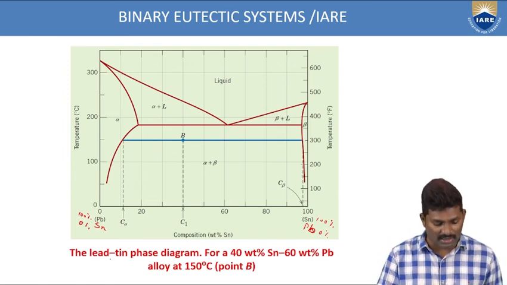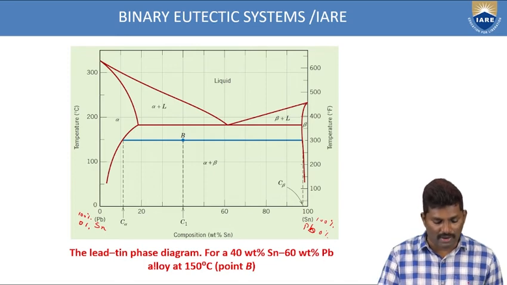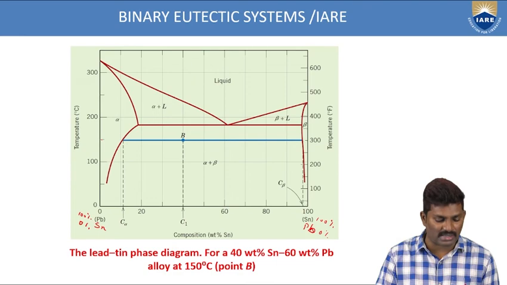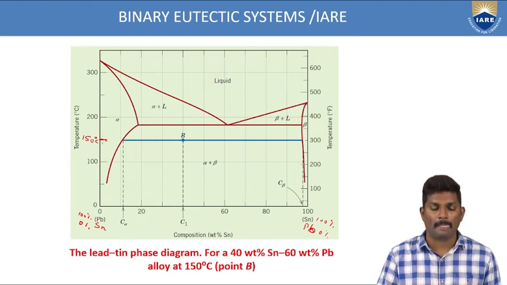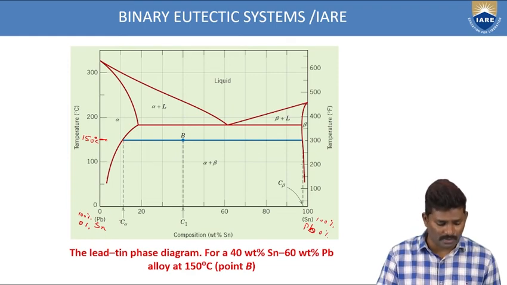So here, the lead tin phase diagram for 40 weight percentage of tin and 60 weight percentage of lead at 150 degrees centigrade. That means exactly at 150 degrees centigrade, how much composition do you have here? 40 and 60.